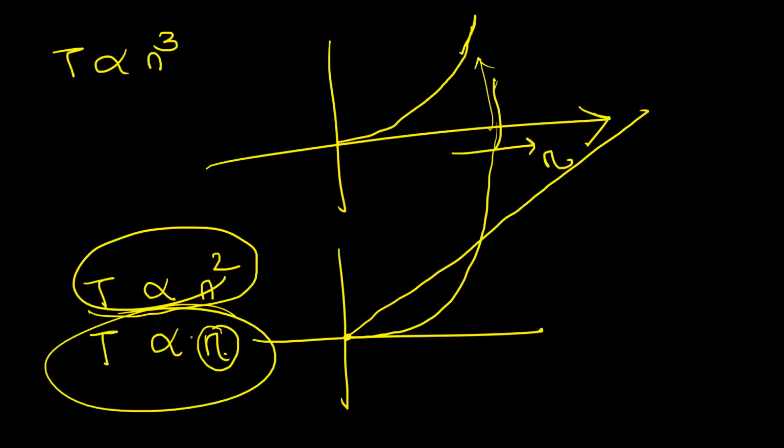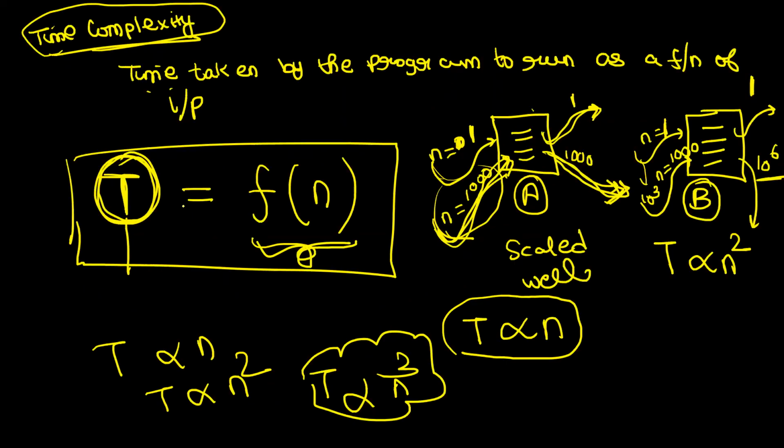So basically, long story short, what I have to conclude at this point of time is I want to express the time as a function of the input size. As I am increasing the size of my input, how is the time varying with the input size?